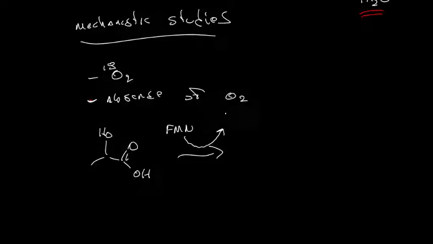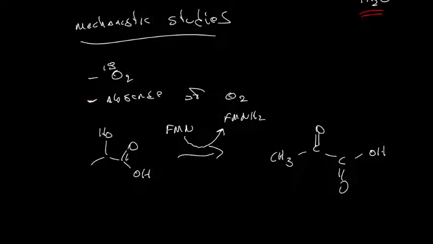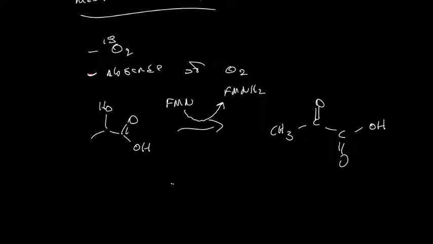It gets converted to FMNH2. This is the reduced form. And they saw pyruvate, pyruvic acid or pyruvate. In this case, in the absence of oxygen, the enzyme behaves like an oxidase.